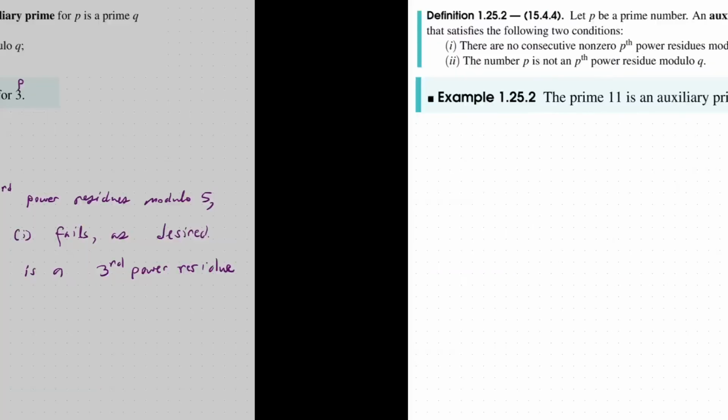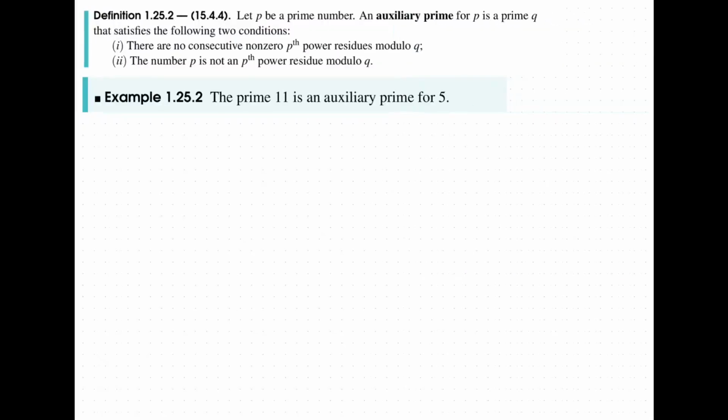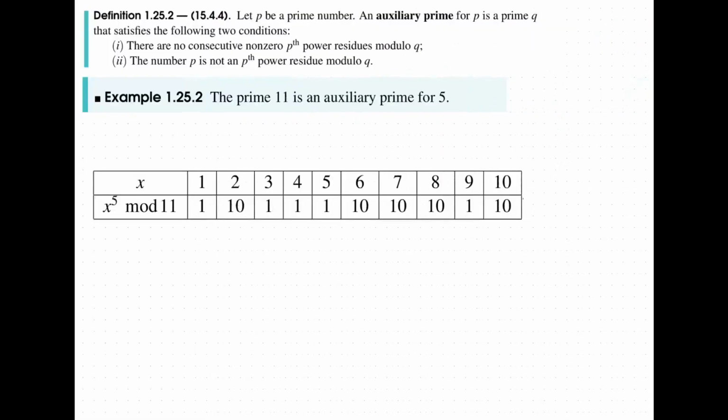So let us go ahead and consider another one. We now want to show that 11 is an auxiliary prime for 5. So we go ahead, as we did with the last example, and consider x to the 5th modulo 11, where x is a non-zero element or congruence class of the integers modulo 11. And so we can go through and do 1 to the 5th, that's 1, 2 to the 5th is going to be congruent to 10 modulo 11, and we continue. And what we see is that the 5th power residues are just 1 and 10. These are not consecutive.